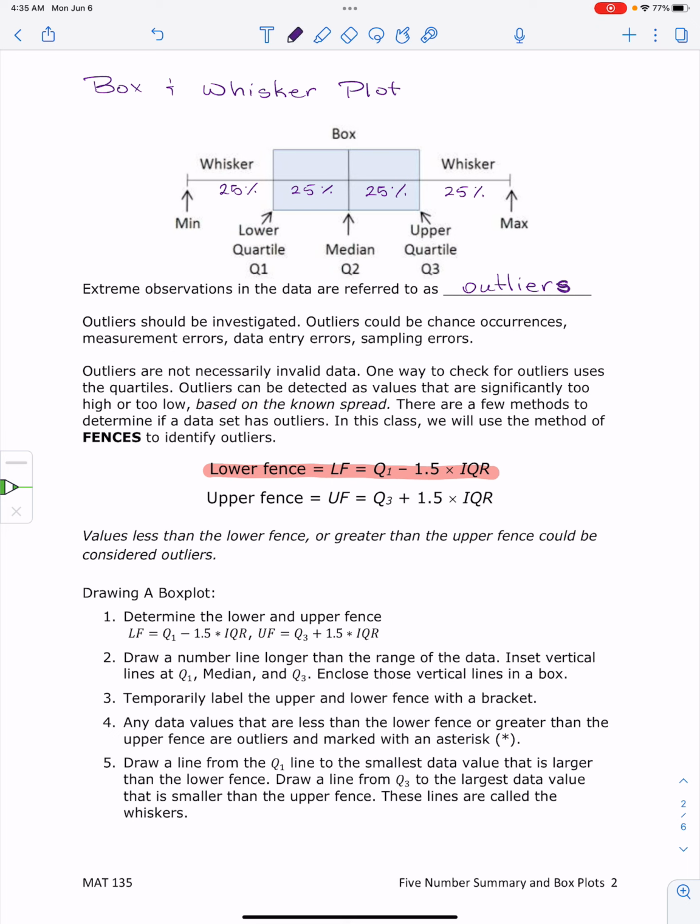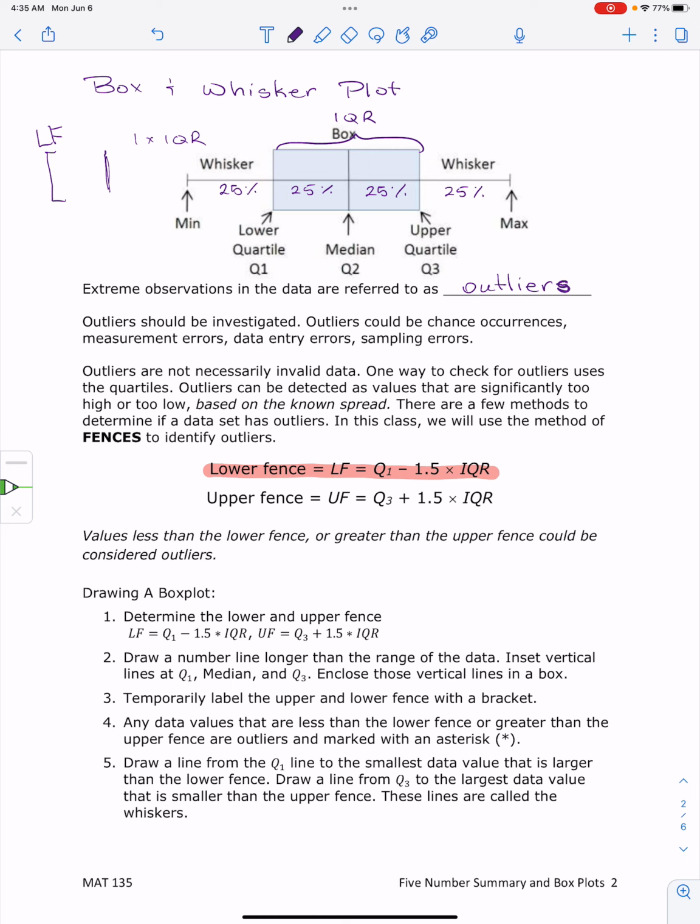So just a reminder, here's our interquartile range. 1 times the interquartile range gives us that whole box, okay? If we were to multiply 1 times that interquartile range and subtract it from Q1, we're down here. By going 1.5 times, here's where our lower fence goes.